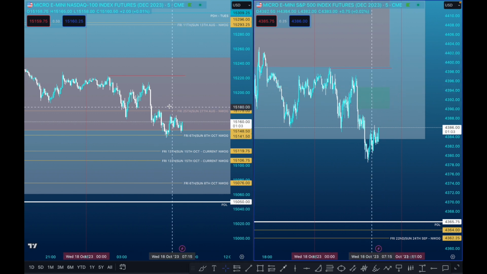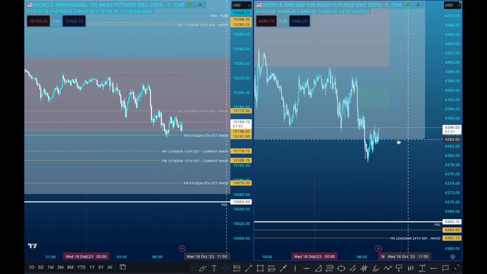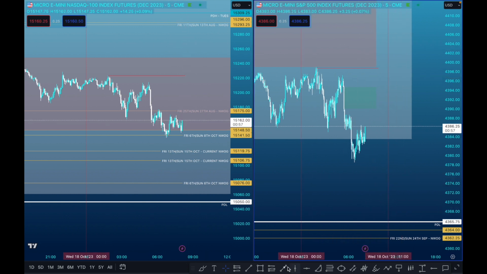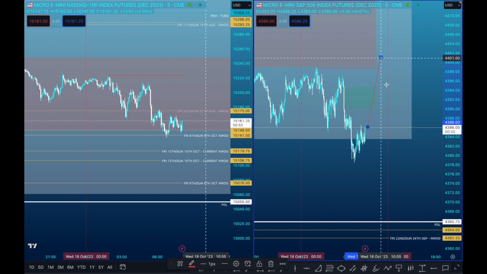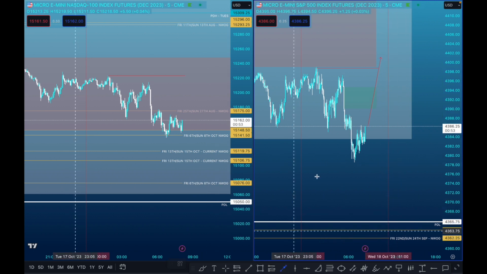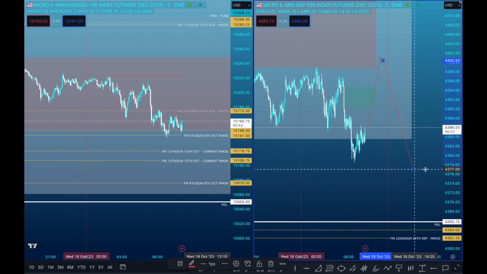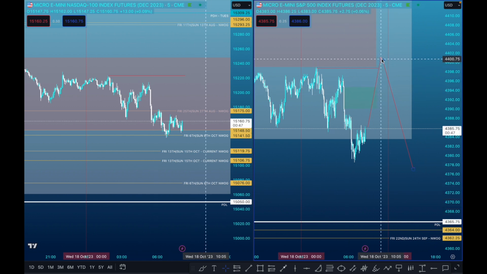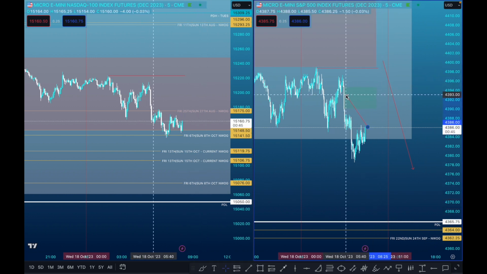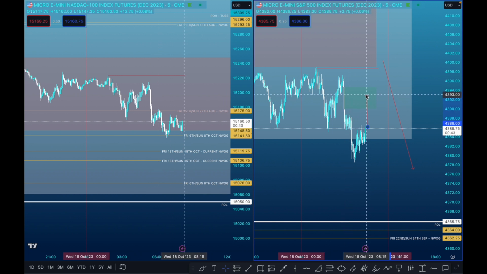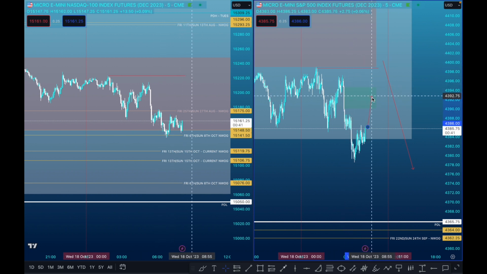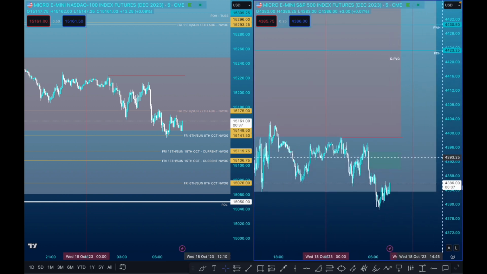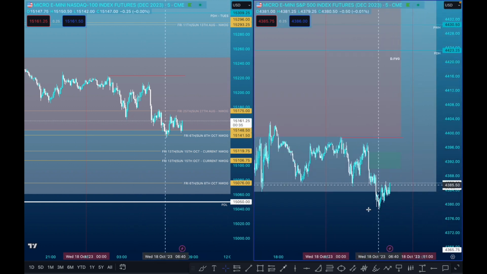We want to see how each market responds, whether we get a run above those highs and then a dump lower, something like that, into the previous day low, or whether we get the reaction from the inefficiency in here to go lower, or whether we blow all of this out and continue to trade up into the previous day high.